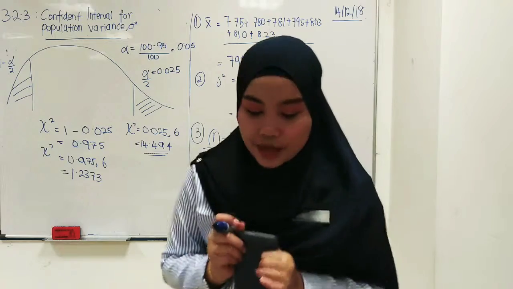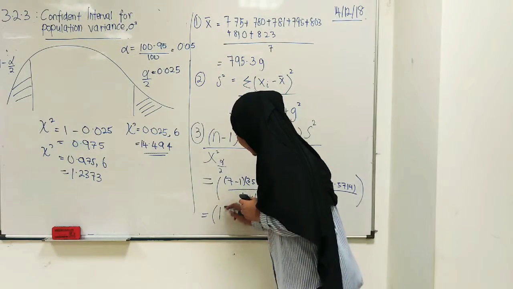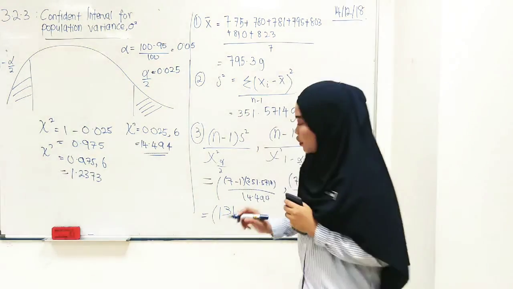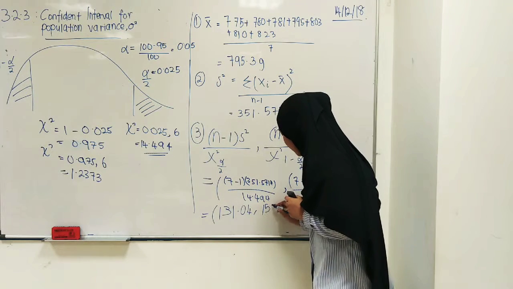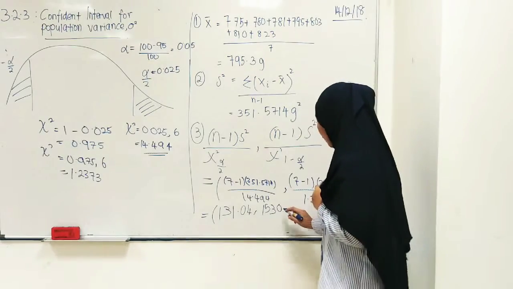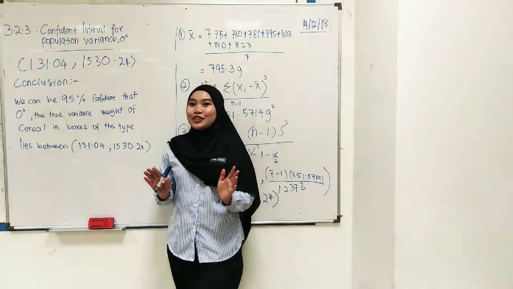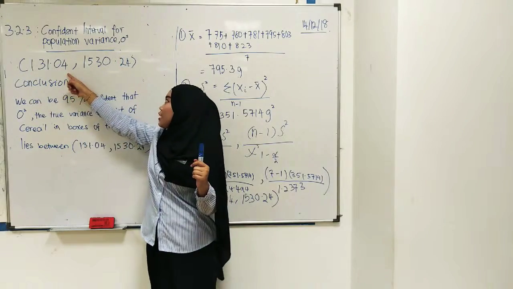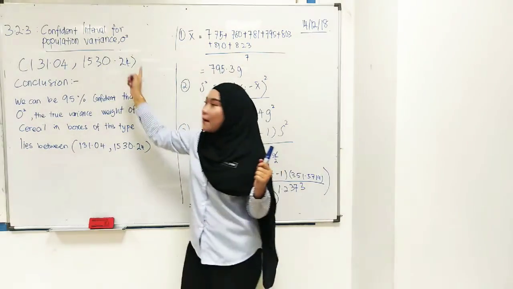So the answers that we have calculated are 131.04 and 1530.24. As a conclusion, the answer is 131.05 as the lower boundary to 1530.25 as the upper boundary.